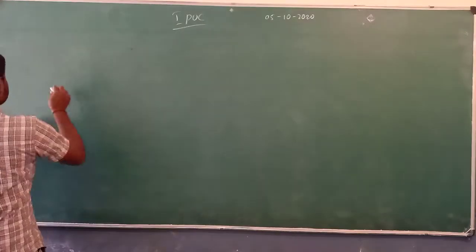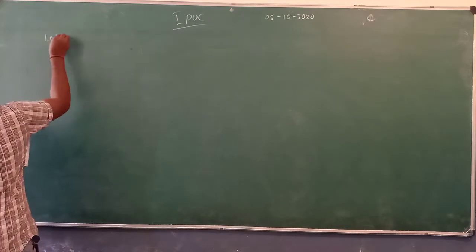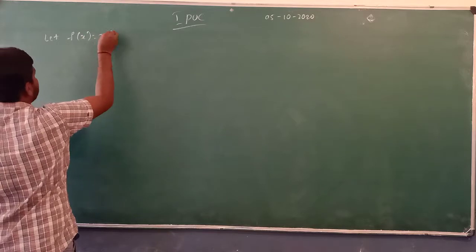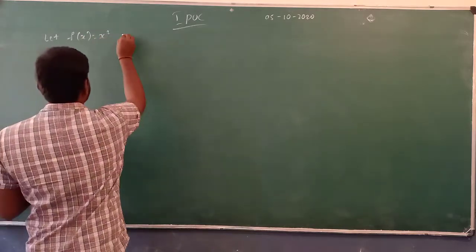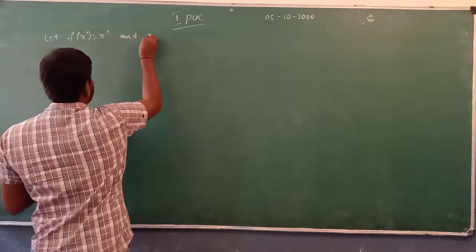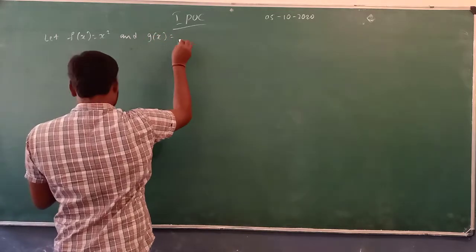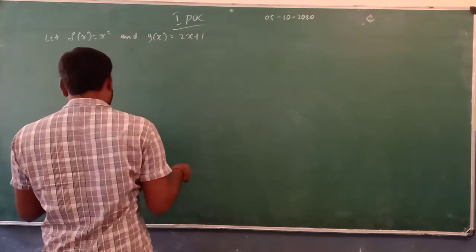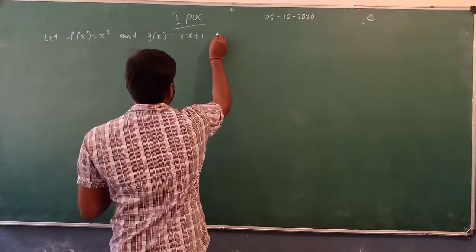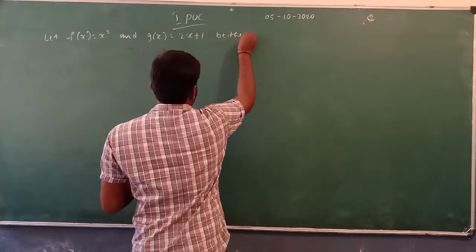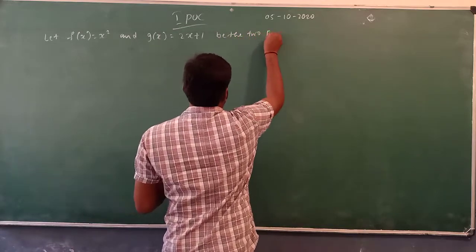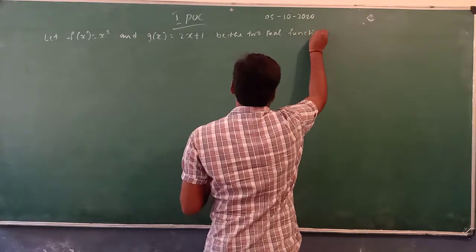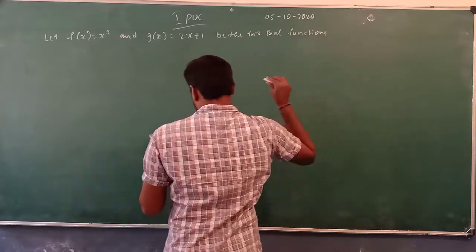Let f(x) is equal to x square, and g(x) is equal to 2x plus 1 be the two real functions.